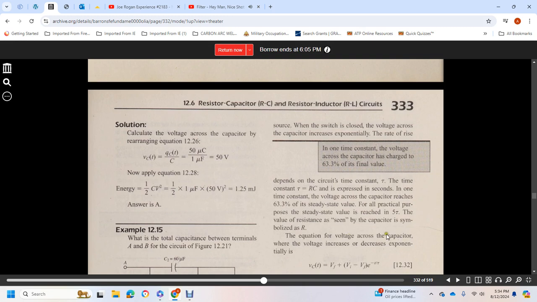The equation of the voltage across the capacitor: the voltage increases exponentially.